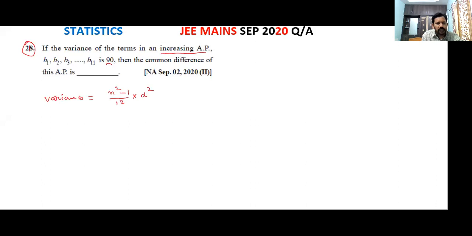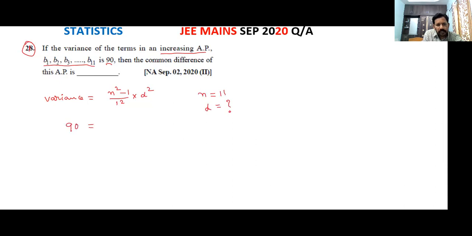How many observations are there here? B1, B2, B3 and so on up to B11. So n value is 11. D value we need to find. And variance is given as 90.